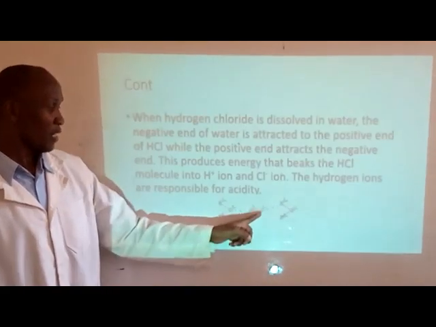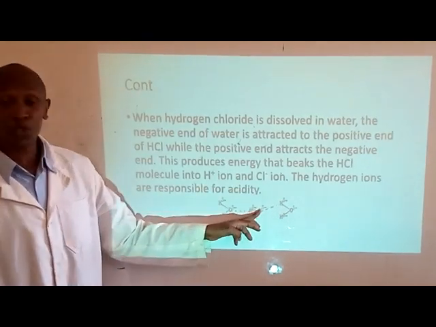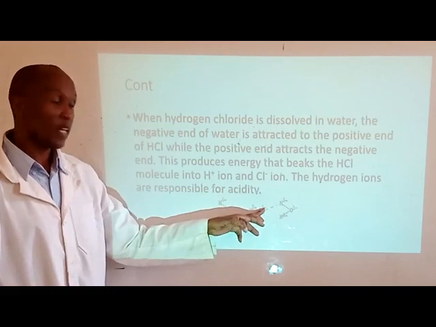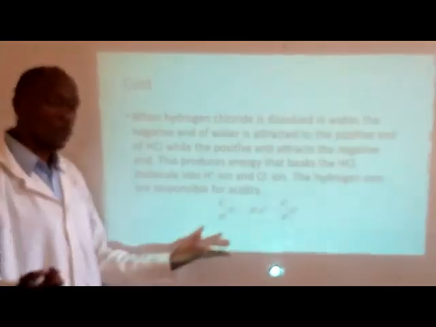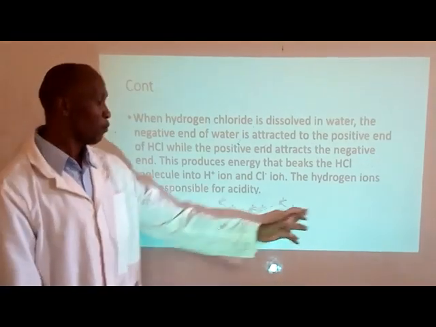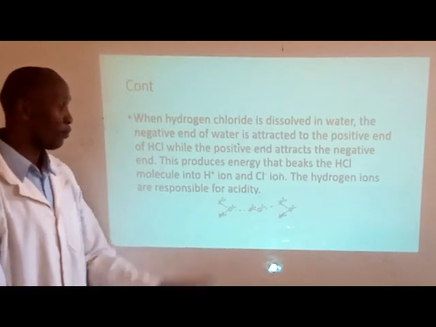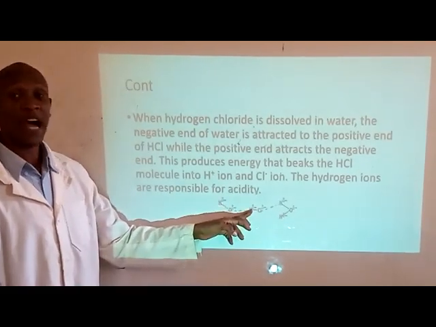Similarly, the chloride end is attracted to the hydrogen of water, and that attraction produces energy. It's a bond formation process. It produces energy, and that energy leads to the breaking of that bond. Also, you could visualize that this one is pulling in that direction, this one is also pulling in that direction. That leads to the breaking of that bond. So what has happened is that the hydrogen chloride has ionized.